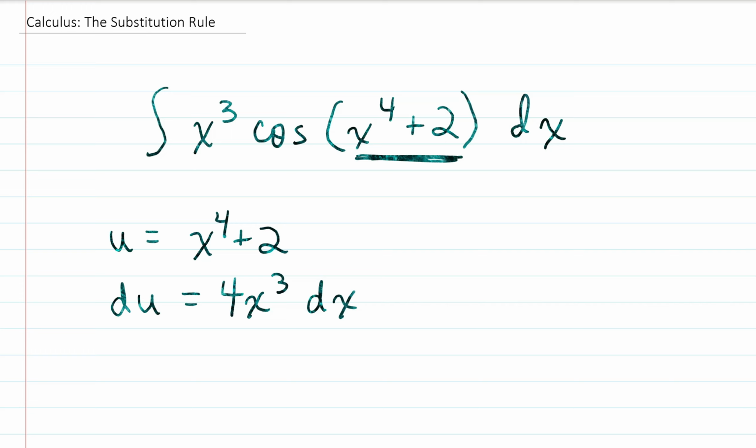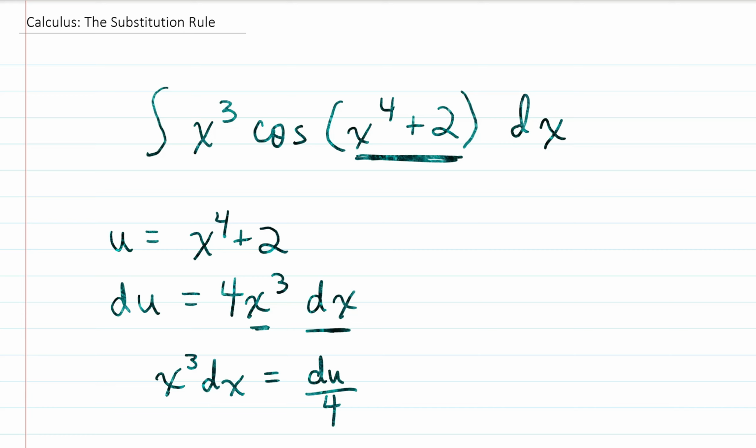Now let's take a look at this a little bit closer, what we just found out. After taking the differential, we have 4x to the third dx. If we look at that x to the third and that dx, isolate that, x to the third dx, and you'll see why I'm doing it in a moment. The 4 is divided to the other side, so that's du over 4.